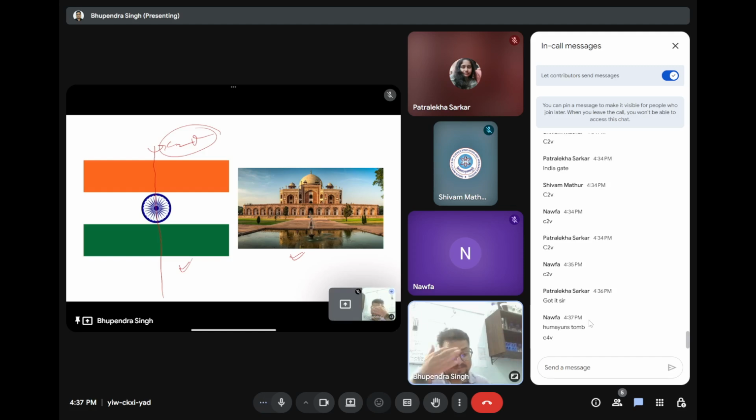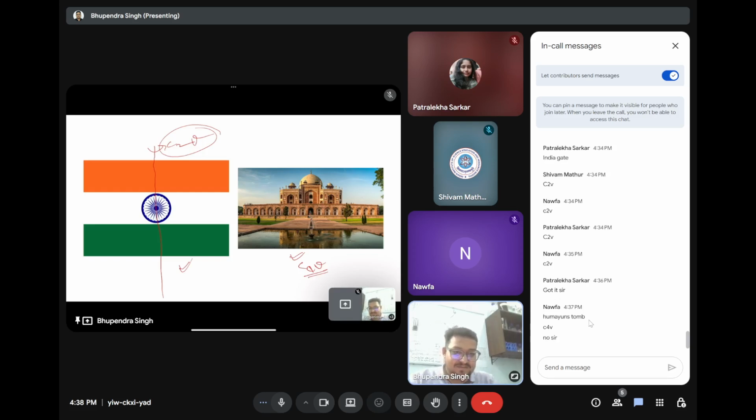C4V. Now if I am saying C4V, it looks like you must have visited Humayun's Tomb. No, sir. Patrika is saying C2V.